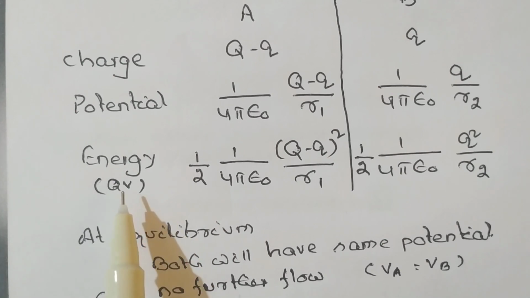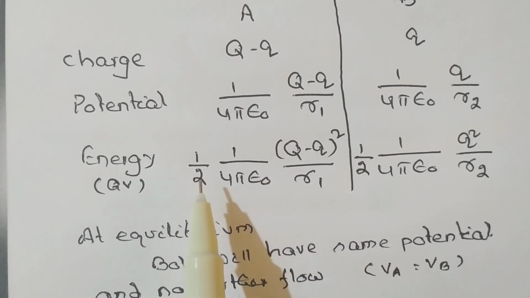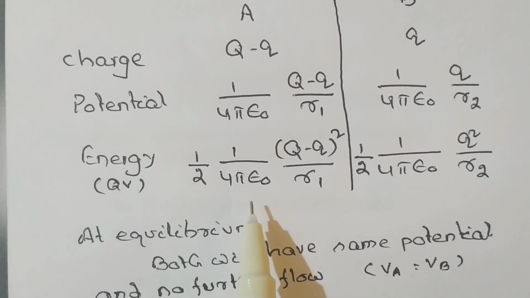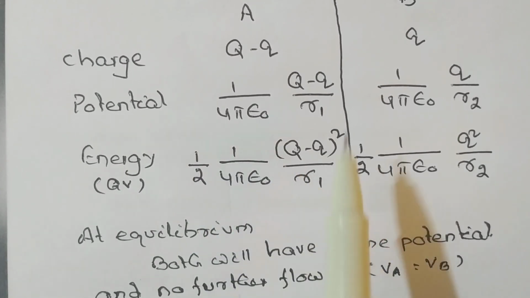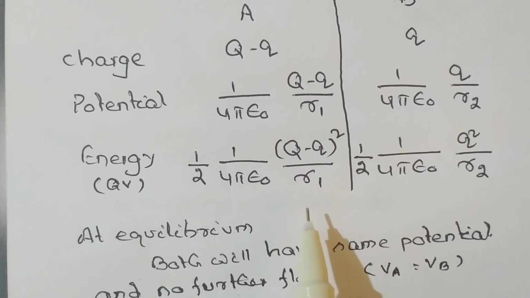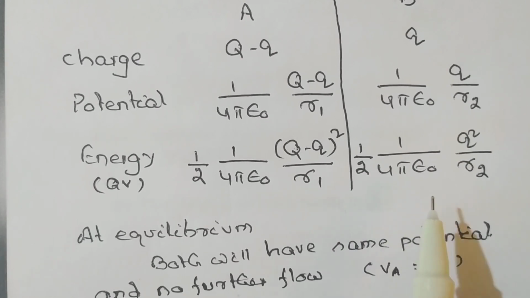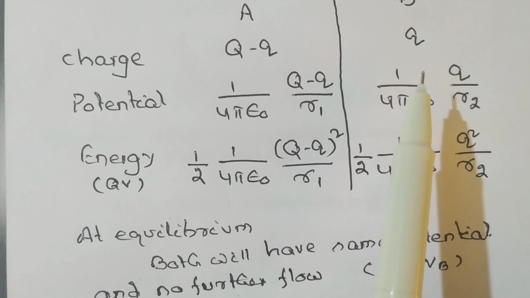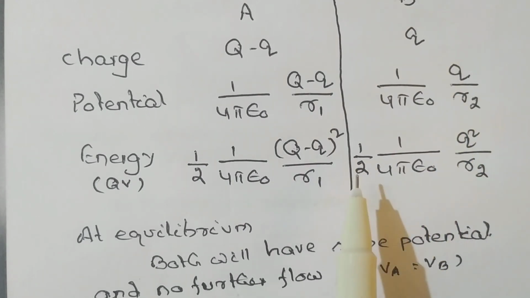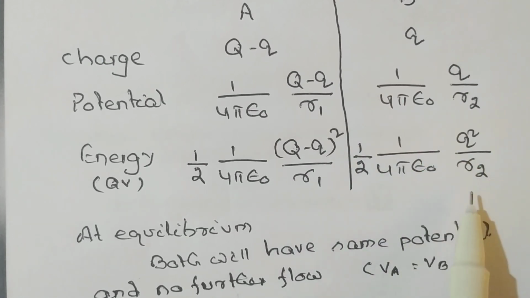Similarly, the energy of sphere A is half QV, that's why half 1 by 4 pi epsilon 0 (Q minus q) into charge, which is also (Q minus q), that's why (Q minus q) whole square by R1. Similarly, the electrostatic potential energy of body B is potential into charge into half. There is a half term you might know from earlier. There is a half 1 by 4 pi epsilon 0 q square by R2.